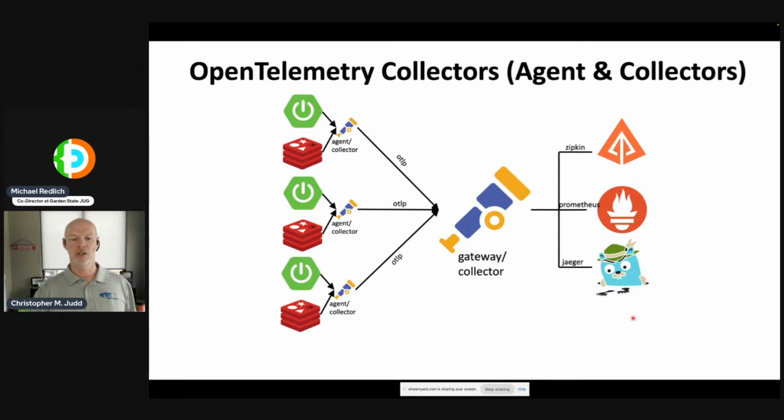Nice thing is, as long as it supports OpenTelemetry, you could add this here without even redeploying your applications. You just change some configurations to your API gateway, and now you're writing to a whole new vendor product that you didn't have before. So it really helps to abstract what's going on inside of our application and the changes.